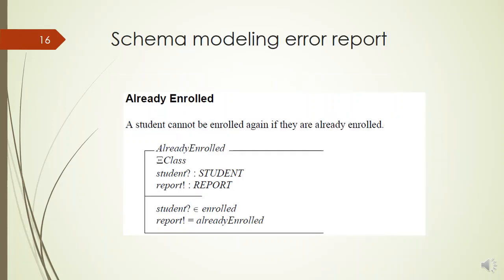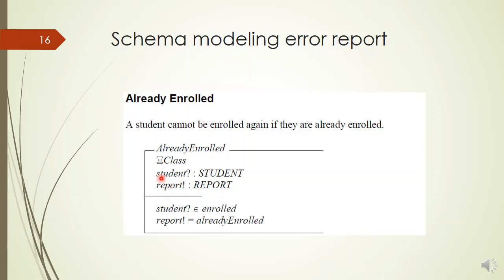While enrolling the students in the class, there is another error scenario, that a student going to be enrolled in the class is already enrolled. So to model such kind of error, we again use an operation schema with decoration psi, and we need to declare two variables.